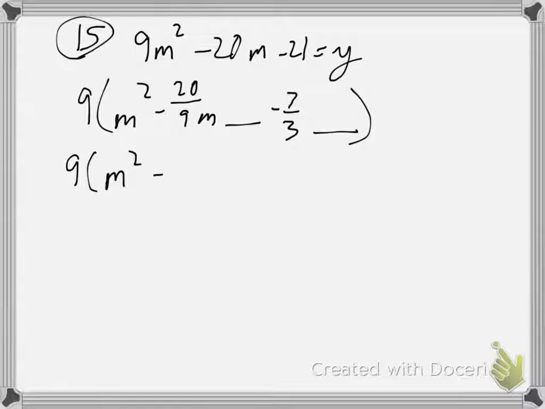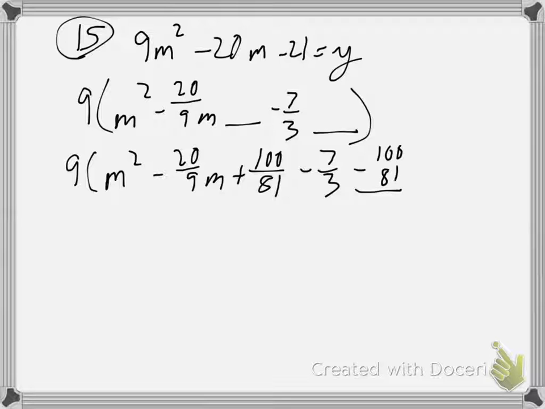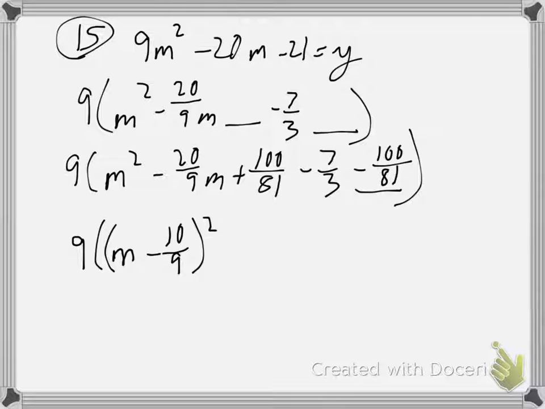M squared minus, let's see, that's 10 over 9, should be 100 over 81. Minus 108. And then 9, parentheses, m minus 10 over 9 squared, minus 289 over 81.